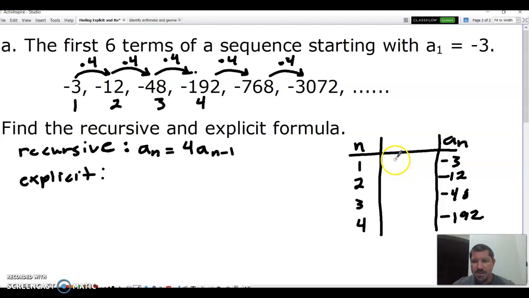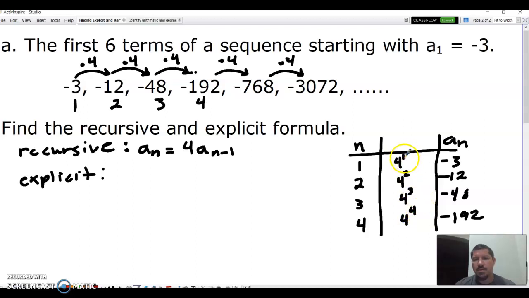So in this case, it's now going to be 4 raised to the 1, 2 is 4 raised to the 2. This is 4 raised to the 3. And this is 4 raised to the 4.